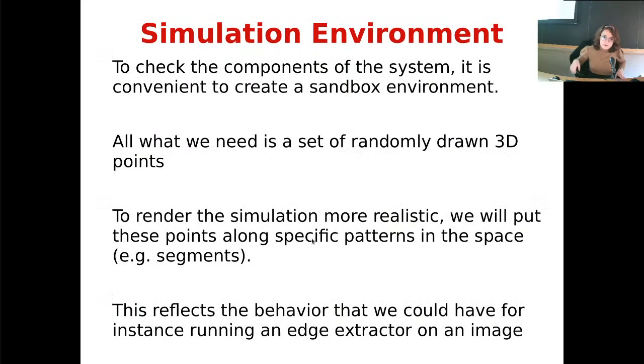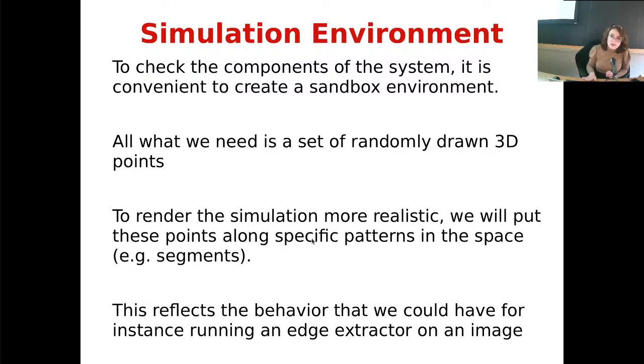the simulation environment. In principle, our world could be composed of randomly drawn 3D points. But this won't help us to visualize our results. In robotics, we have the opportunity to visualize almost everything.